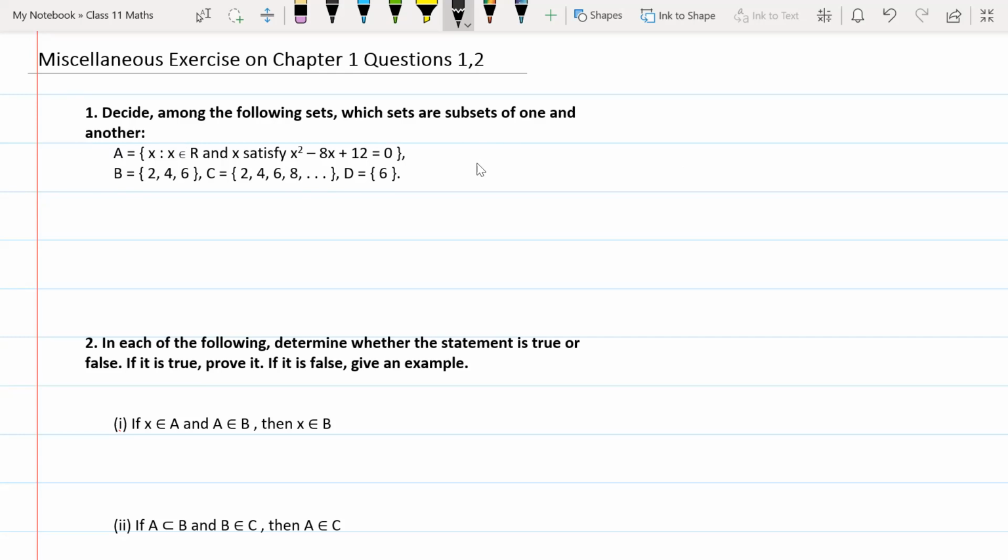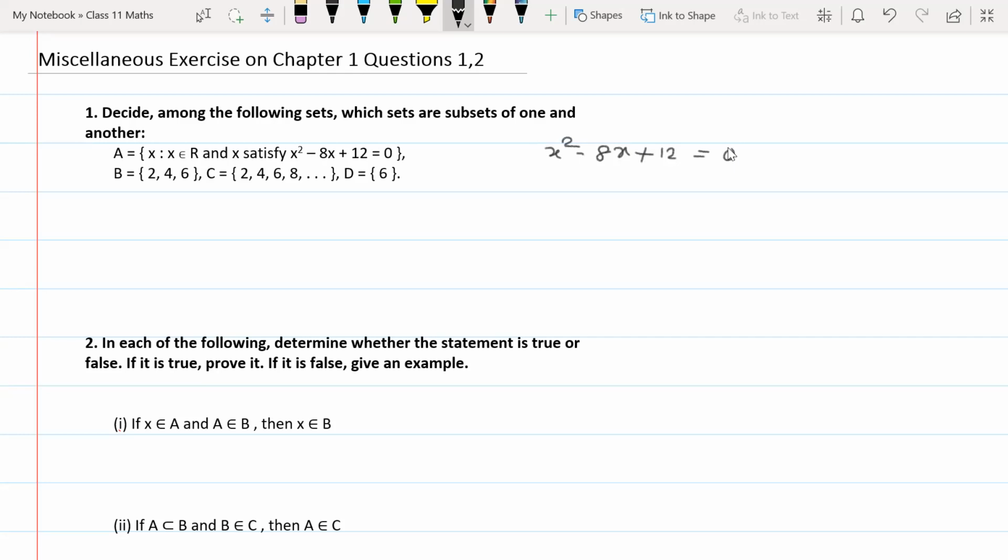How could we calculate? Now, A is such that x is a real number and x satisfies this equation. The equation is x square minus 8x plus 12 is equal to 0.